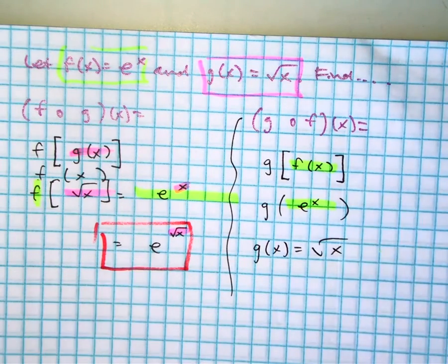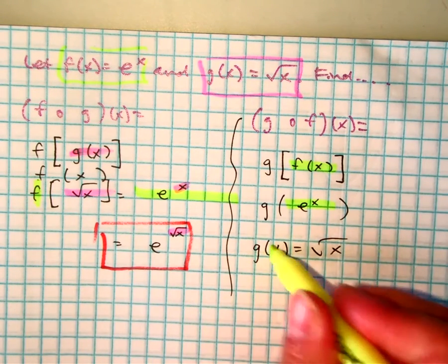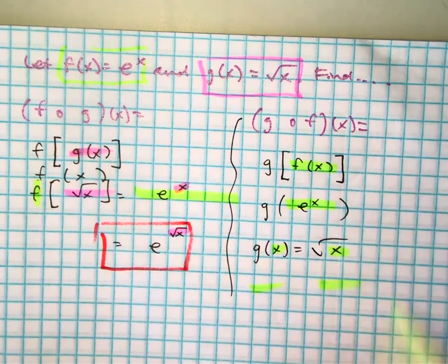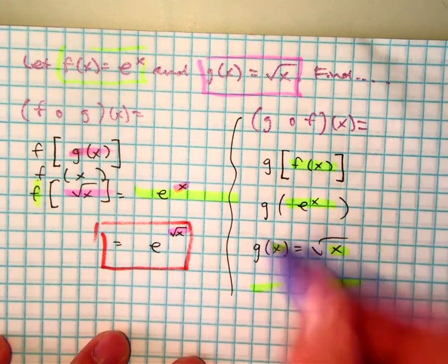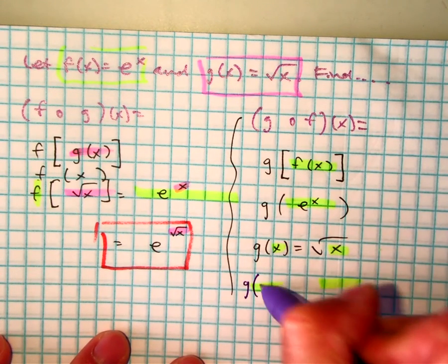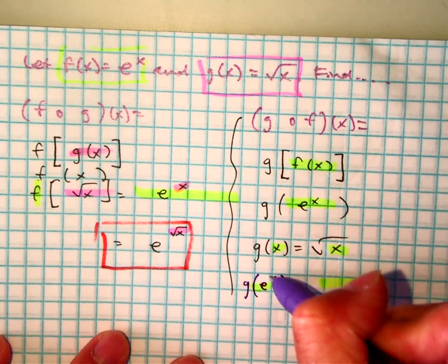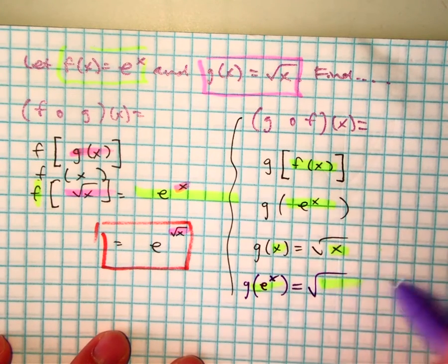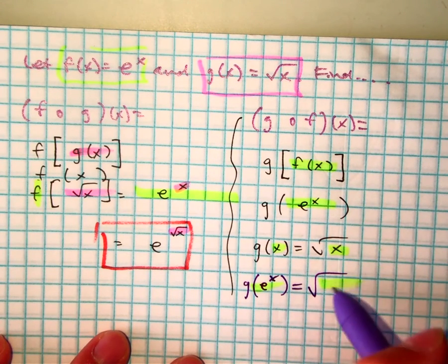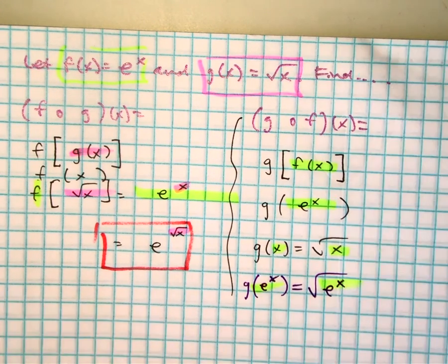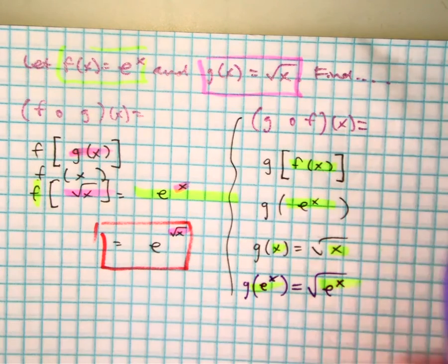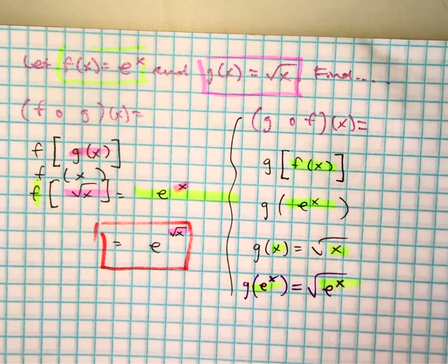Yes? And instead of writing x, we're going to write what? E to the x power. Instead of writing x, we're going to write e to the x power. And that's our answer right there.